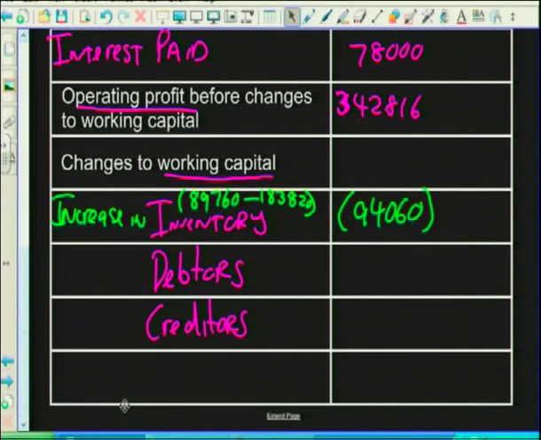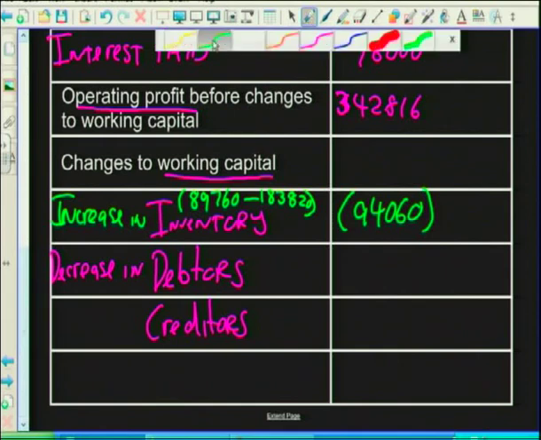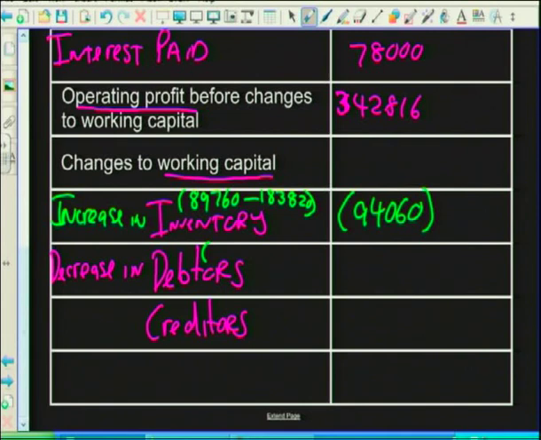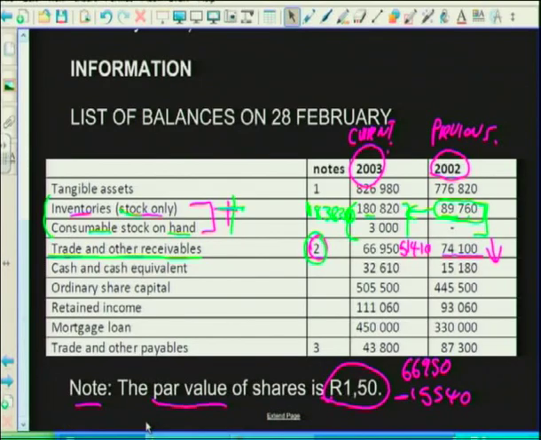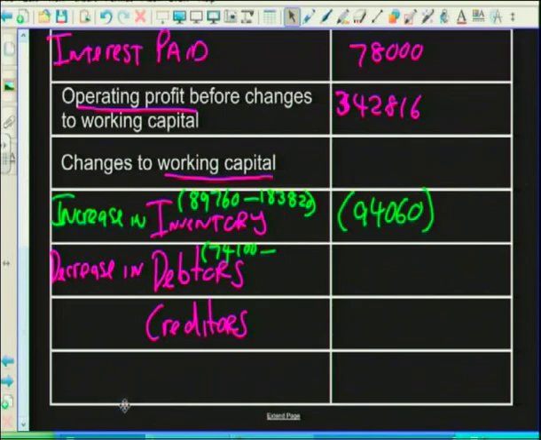Okay, so debtors, there has been a decrease in debtors, open brackets to show that decrease. So in brackets, we are subtracting 74,100 less 51,410.